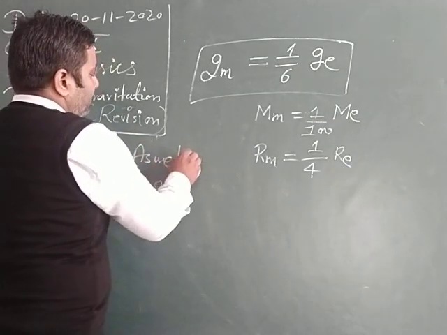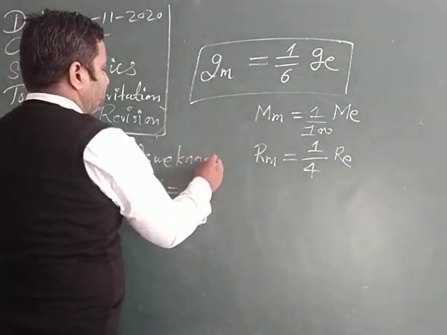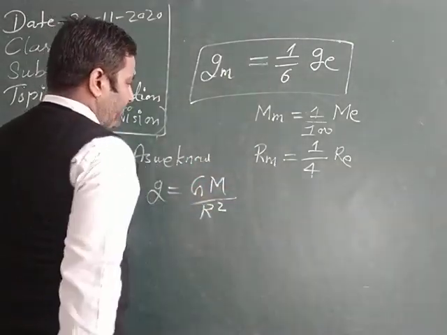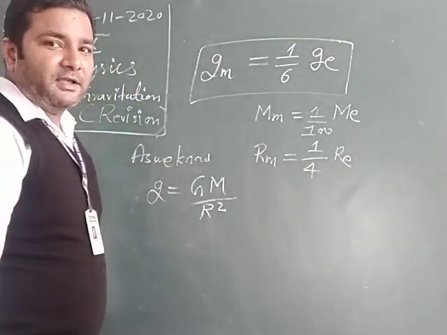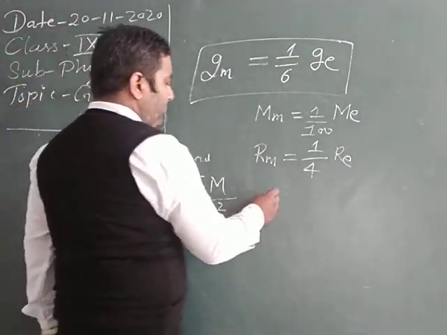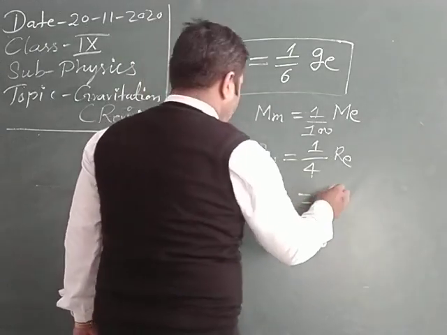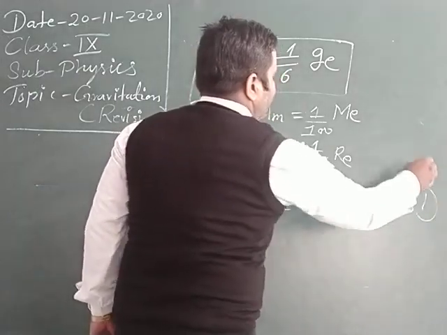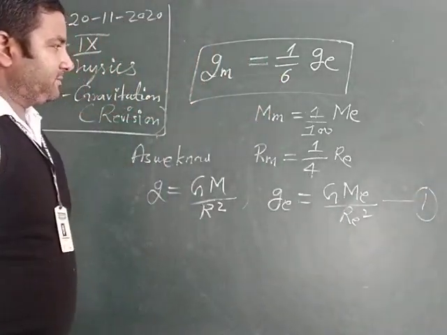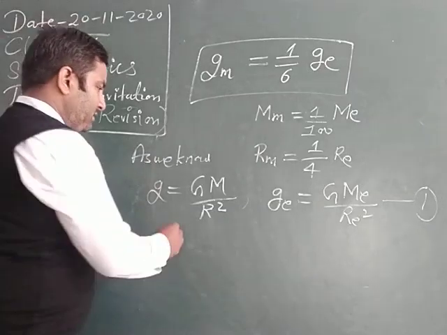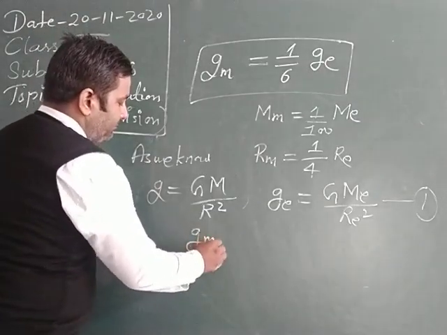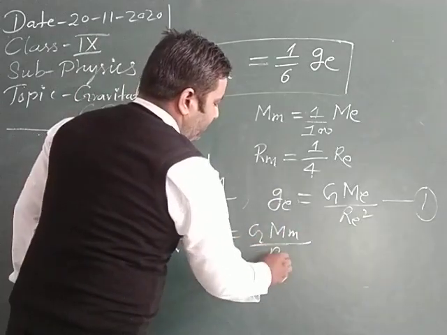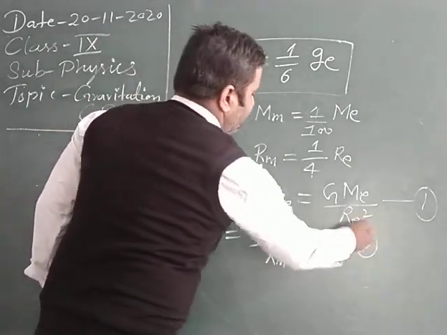As we know, small g equals GM upon R square. Then the value of gravity at earth surface, Ge, is equal to G Me upon Re square, equation number 1. And then Gm is equal to G Mm upon Rm square, equation number 2.